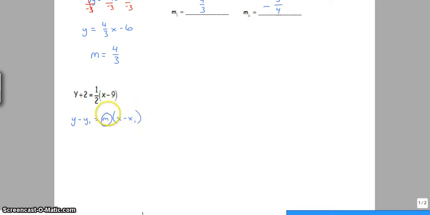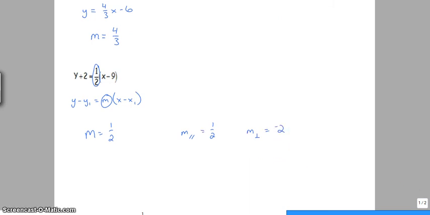Your slope is in front of your x terms. So in this case, my current slope is 1/2. Let's make sure we write it correct. Anything parallel to this line then would be 1/2, and anything perpendicular to this line would be -2.